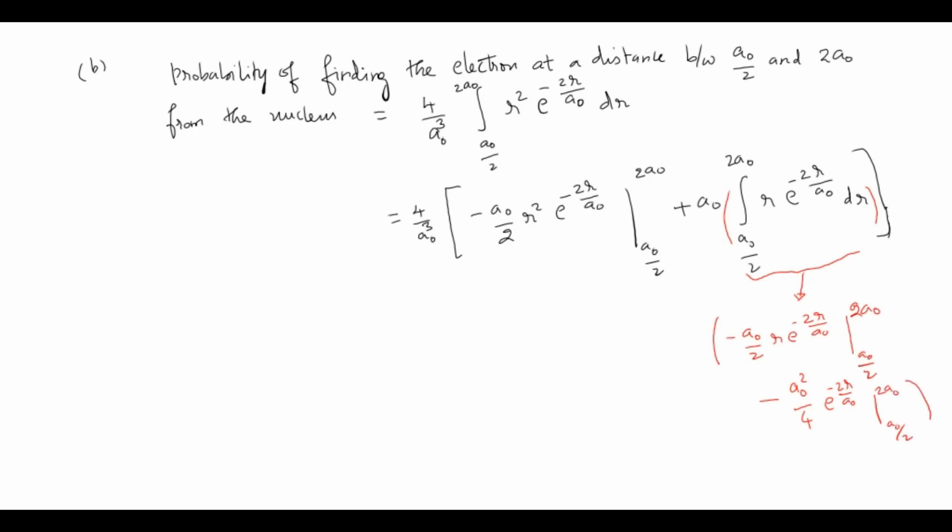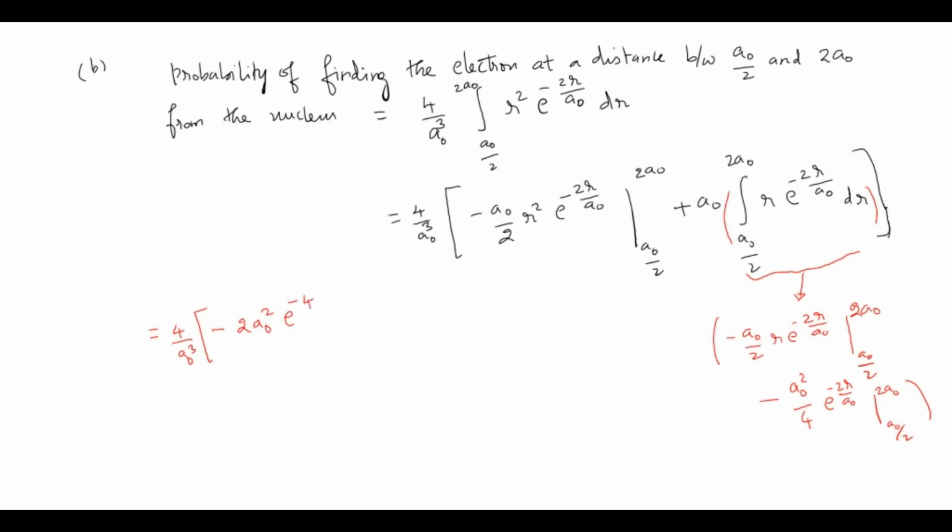Okay, so when we substitute these limits, we can substitute these limits 4 by a naught cube. When you substitute the upper limit, this becomes 2 square is 8, so 4 a naught square, so minus 2 a naught square, because there is a 2 here in the denominator, so that cancels, and e power minus 4 a naught by a naught, therefore e power minus 4.